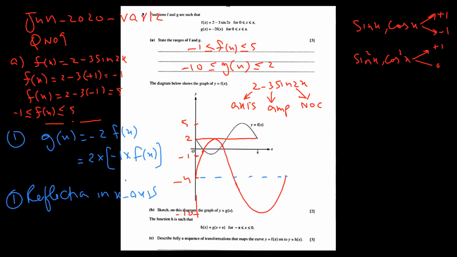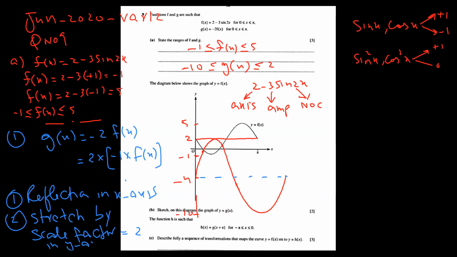Because this 2 is multiplying outside, I can say that number 2 is a stretch by scale factor 2 along the y-axis, or in the y-axis direction. In the y direction or y-axis direction, same thing.